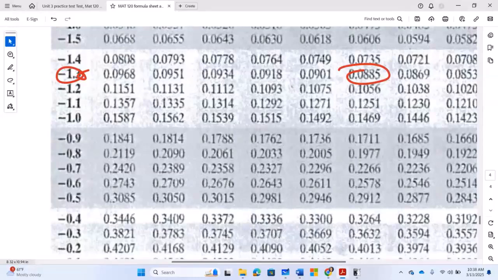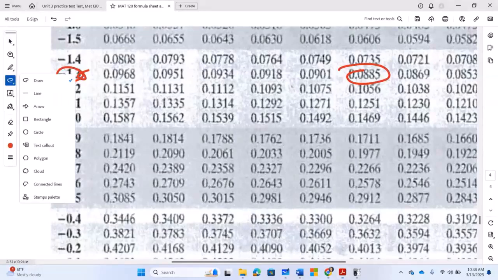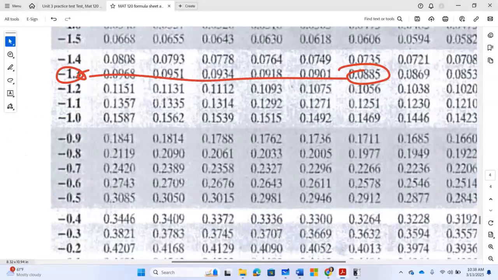Negative 1.35 is right there. So you can actually read the chart. If you don't want to use your calculator, or you forgot the formula for using the calculator, then read the chart.